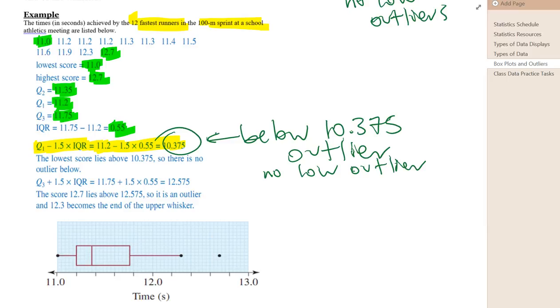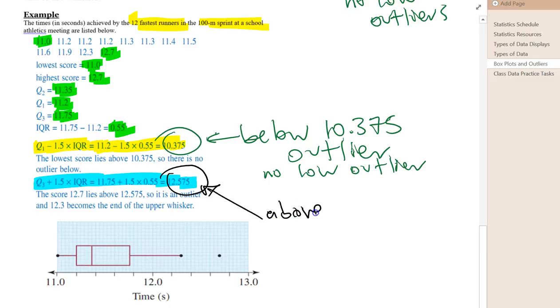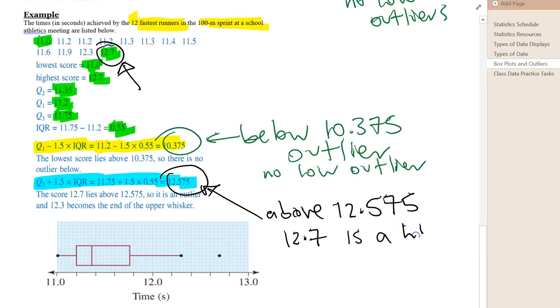If we look at the other working out for a high outlier, it's anything above 12.575. Have we got anything above 12.575? This score here. So 12.7 is a high outlier.